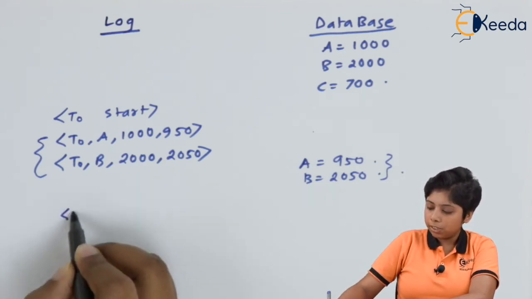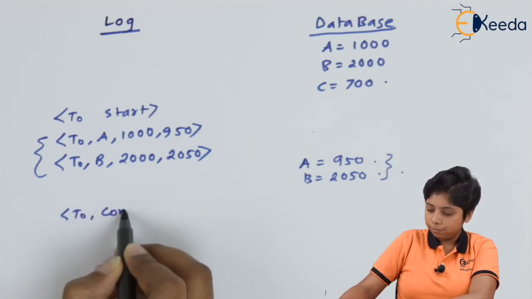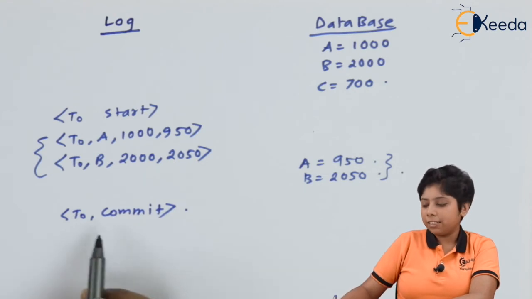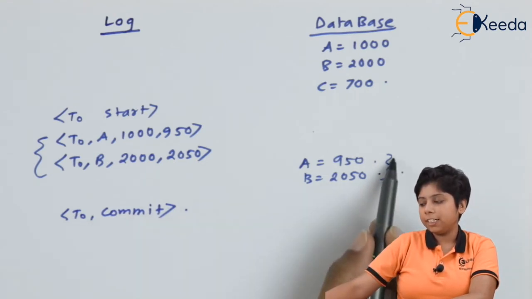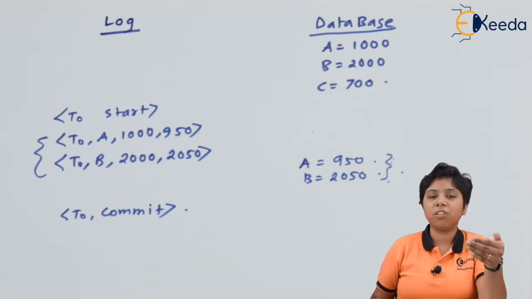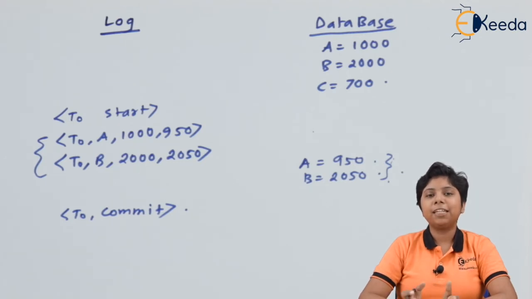After that T0 is committed. So with immediate database modification, the database has been updated even before T0 is committed. But with the previous one we have seen with the deferred database modification, all the updates are made only in the buffer, on the main memory, not the database actually.